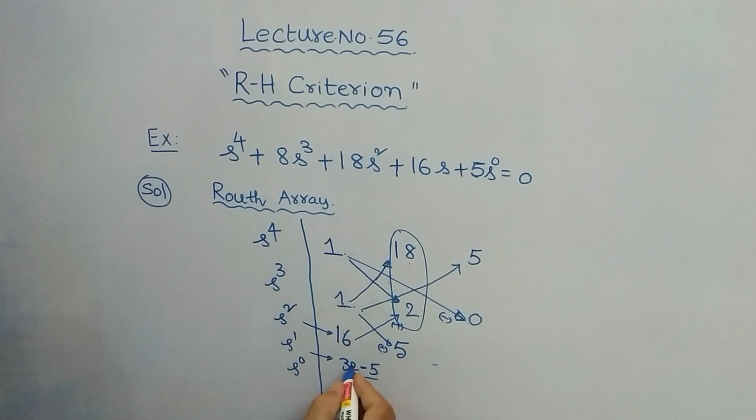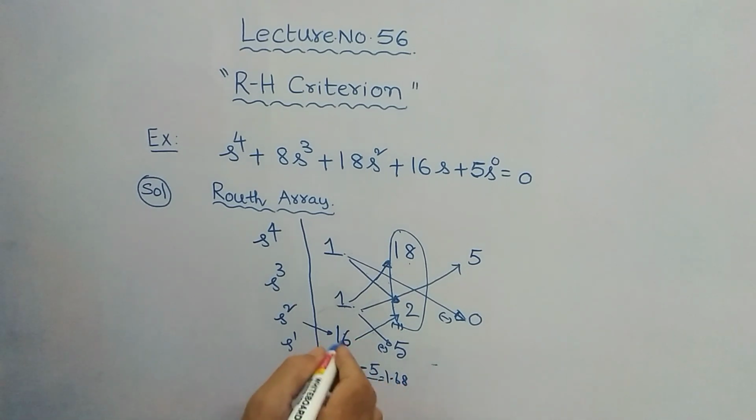So 32 minus 5, it is 27 by 16. You will get 1.68 correctly. By your calculator, if you find out the value, you will get 1.68 here.